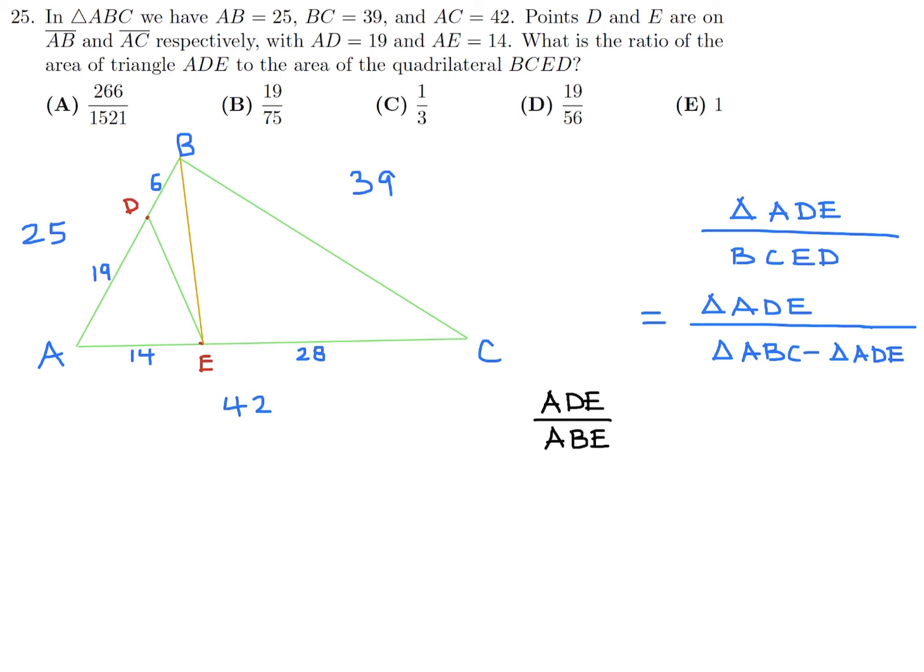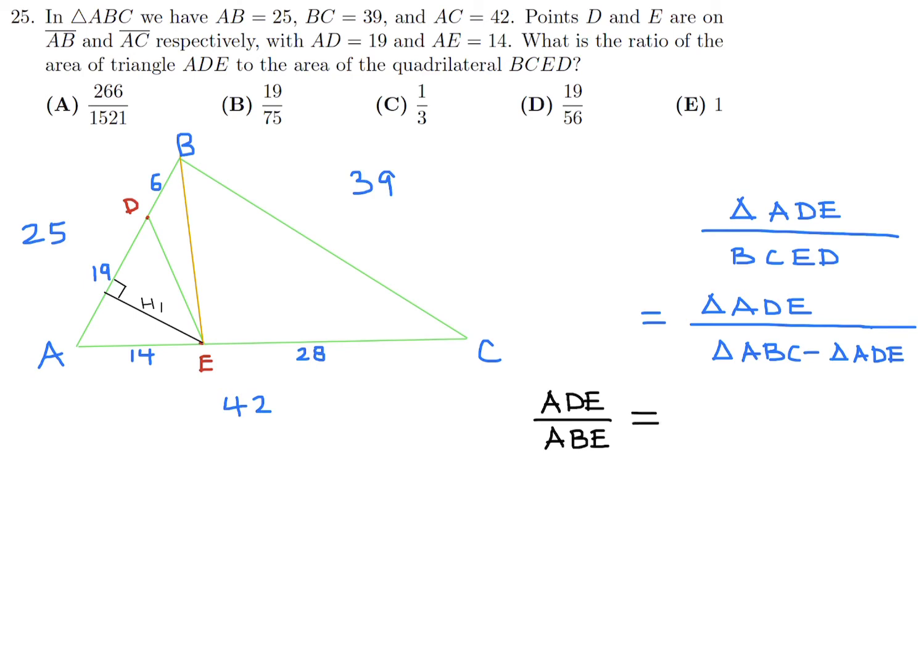Now I want you to understand this, so I'm going to draw a height to show you how this can be arranged. This is my height, my perpendicular distance from E to the base, and I'll call that H1. Okay, H1.